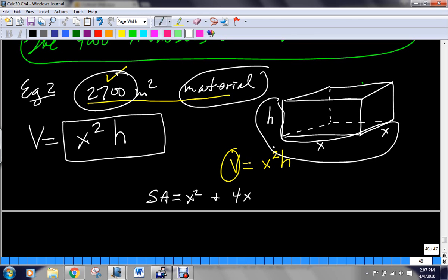So 4 of the side flaps, 4xh. Does that look right? That is better, yes. 2,700 is the material, so we can fill that in: 2,700 equals x squared plus 4xh.